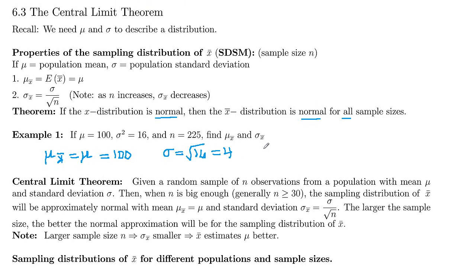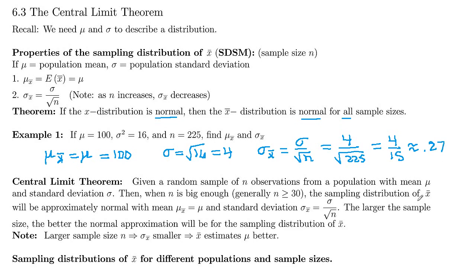And that means then that the standard deviation of the X bar distribution, which is sigma over square root of n, is going to be 4 divided by root of the sample size, 225. And square root of 225 is 15. So this is 4 over 15, which is approximately 0.27.